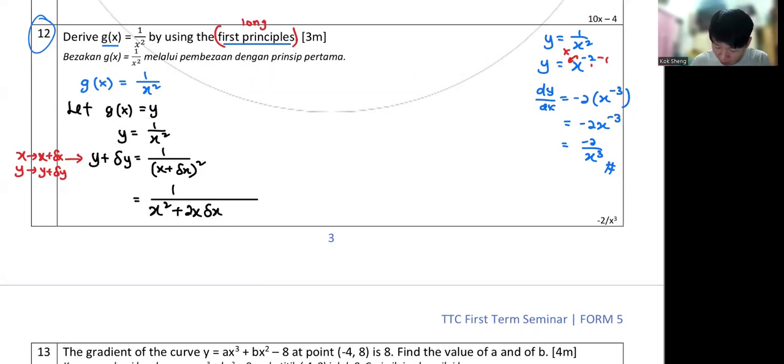And the last one is delta x to the power of 2. Also cannot become delta x squared; you have to separate also. So you get these three after you expand the bracket.